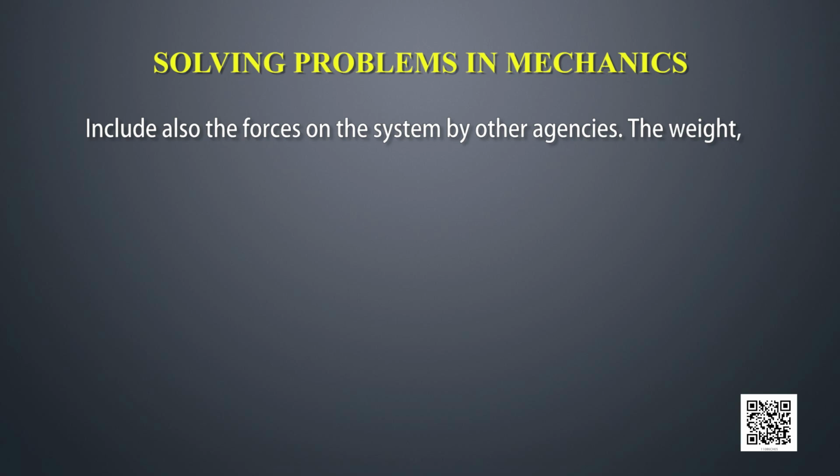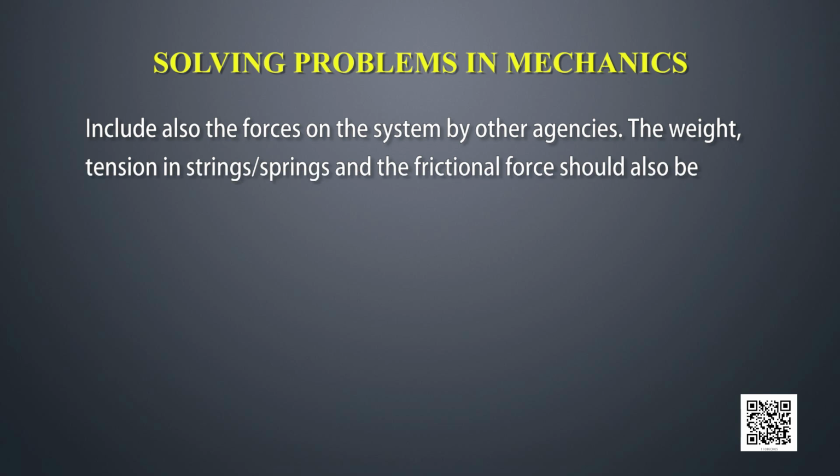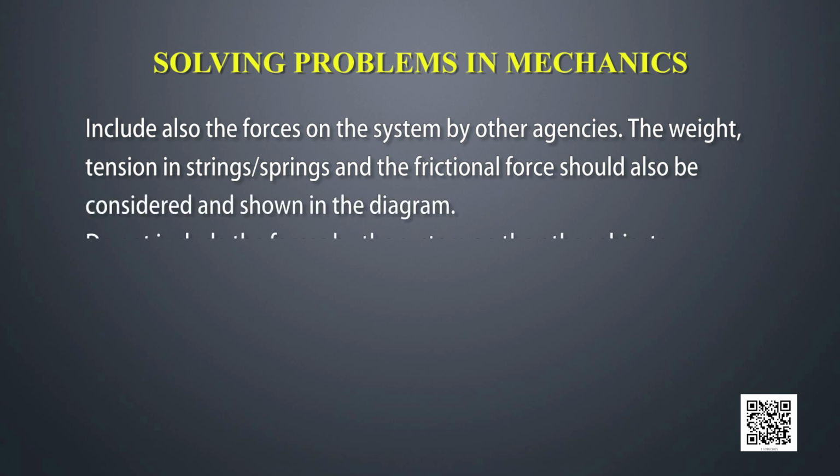You must include the forces on the system by other agencies. The weight of the body or block, the tension in the strings or springs which are given in the problem, and the frictional force should also be considered and shown in the diagram.